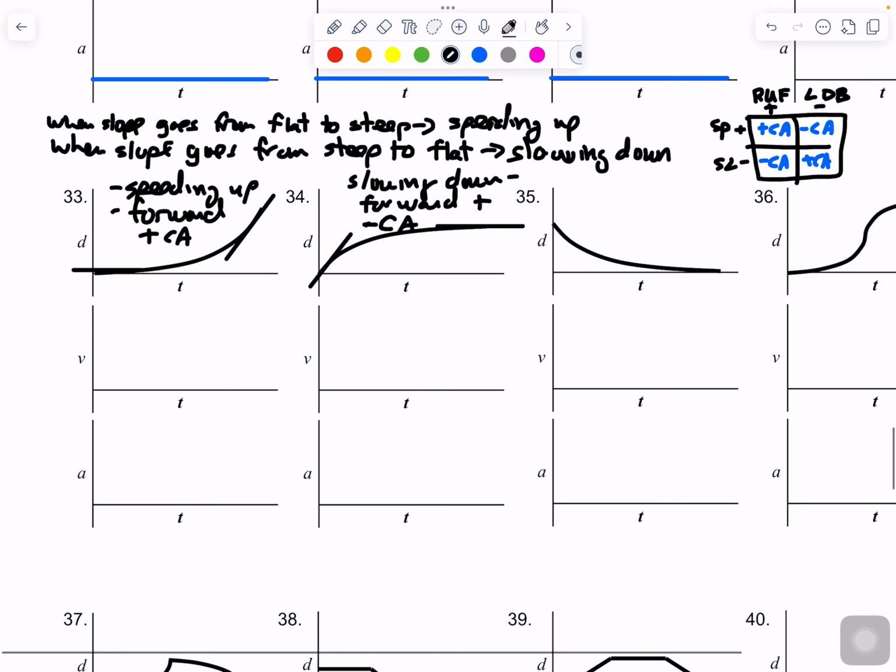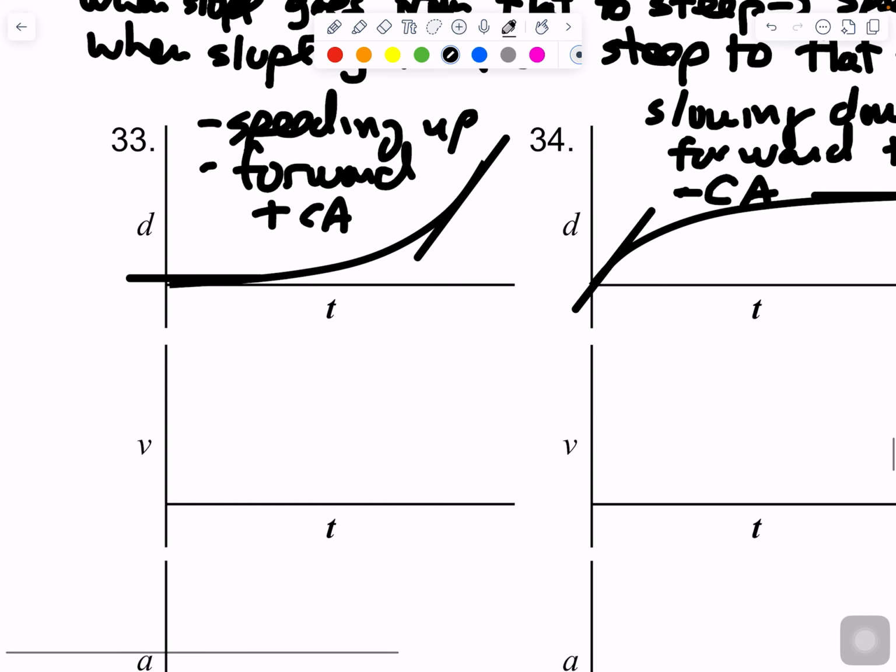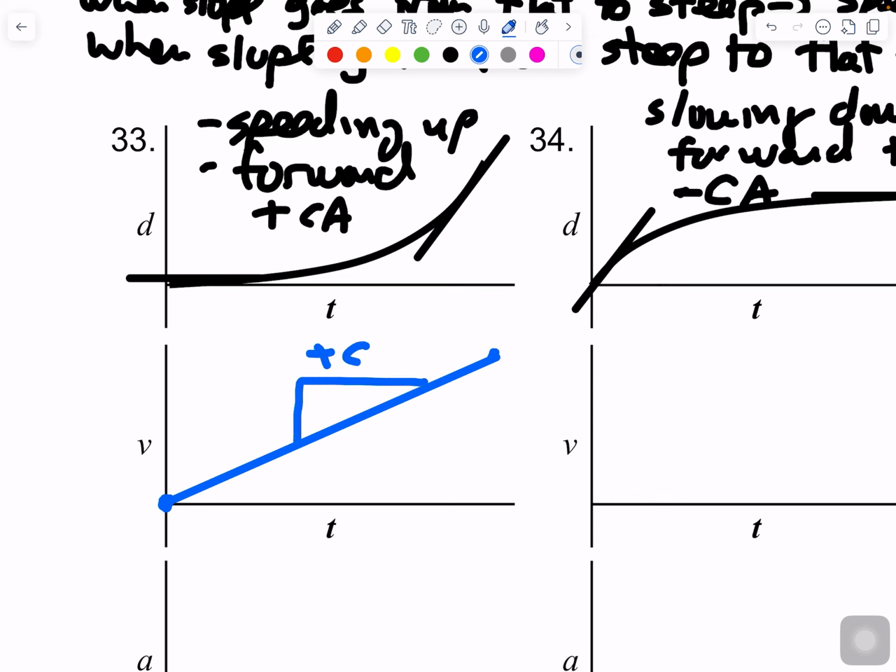So how do I plot that on the velocity scale? Well, here I'm starting with zero slope, so zero speed to start with. So let's plot a dot at zero. Here I'm ending with a steep slope, so I'm ending with a higher velocity. So at this time frame here, I'll have some velocity that's a lot higher. Connect them with a straight line like this, the slope of which is positive constant acceleration, just like we see there.